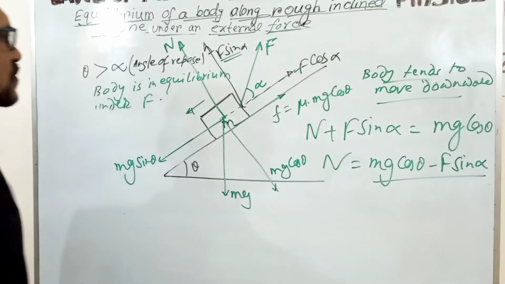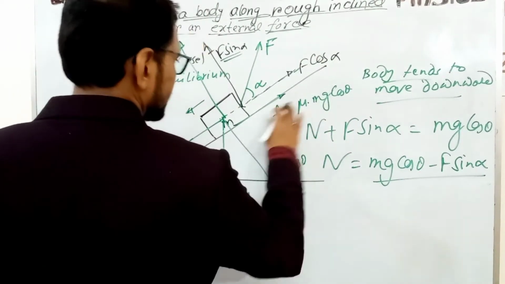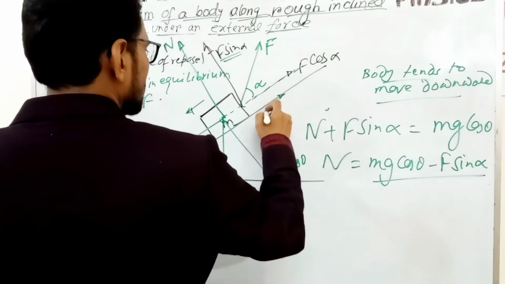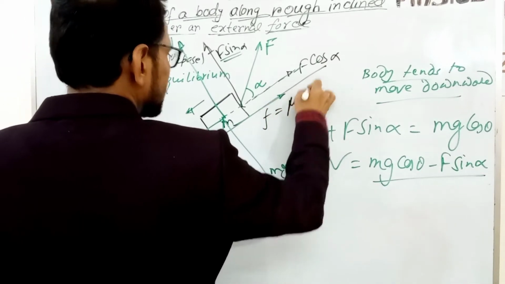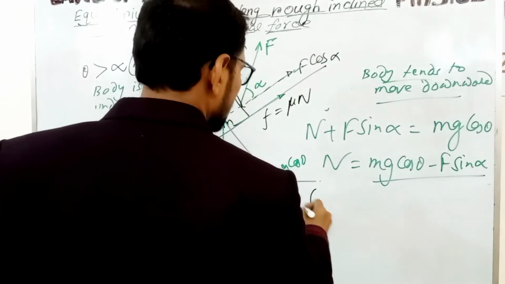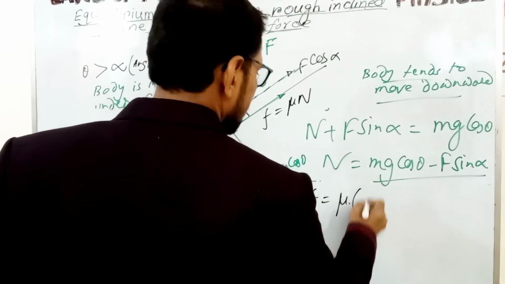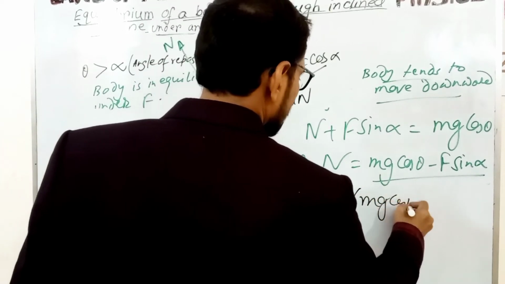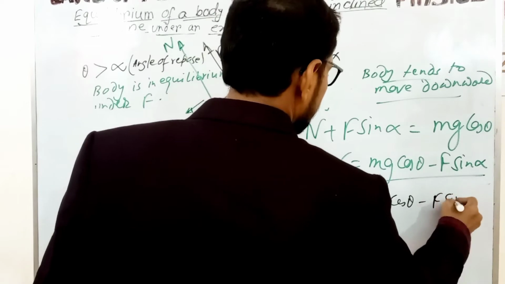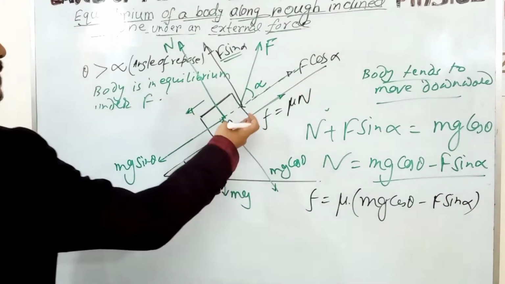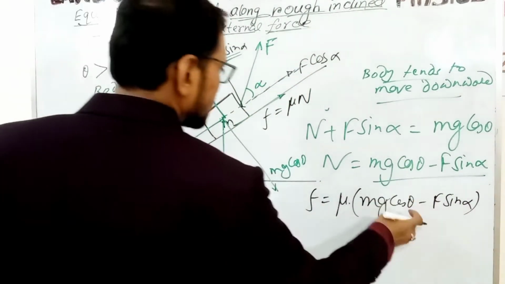This is the normal force, so the friction force equals mu into N, where N is mg cos theta minus F sin alpha.